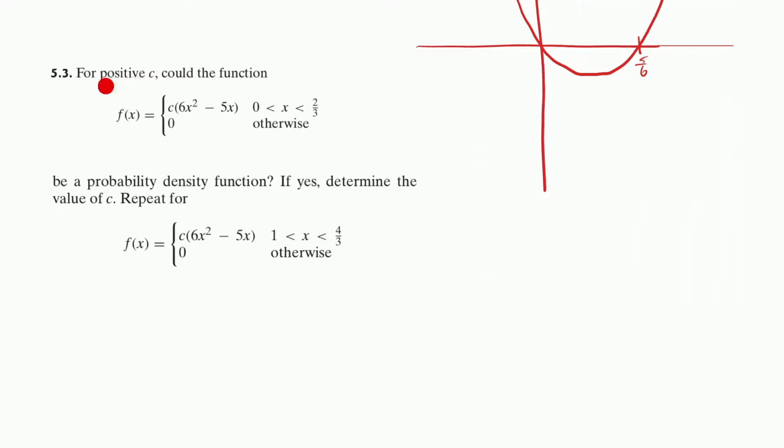Oh, funny. I completely missed this positive here. I was just so focused on the function and saying, well, if you have a negative value for C, you're good. Yeah, the only way for this to be a probability density function is if C was negative. Thank you. I guess I just need to read, something that I'm not very good at, apparently. That's why I'm in math. Okay. So, yeah, for positive.